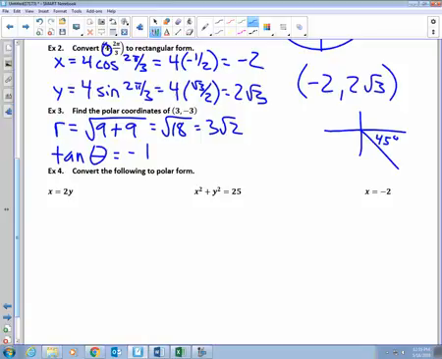I'm wondering the angle. So 45 back from 360 is 315, which is 7 pi over 4. So theta is equal to 7 pi over 4. So my polar form is 3 roots of 2, 7 pi over 4. That's the polar form of this rectangular form.